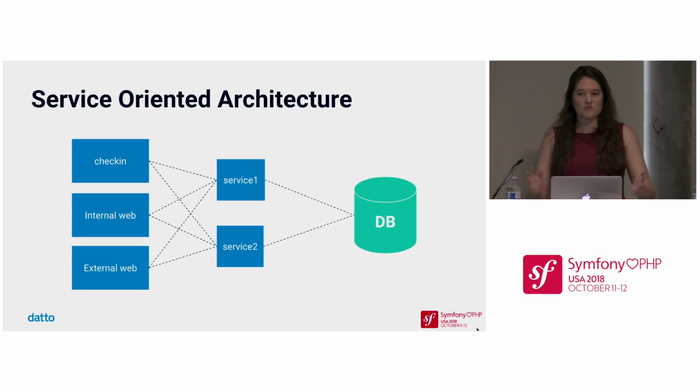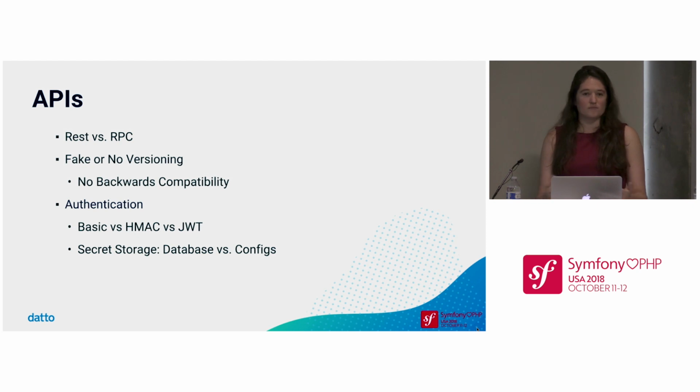Just all the services connect to this one thing. We knew we didn't want to use a service bus, and we knew we wanted to stick with Symfony. So we decided to build all of ours as web service APIs. But based on the service-oriented architecture, we knew we needed to standardize on them. We needed one way that you could interact with every single one of these APIs.